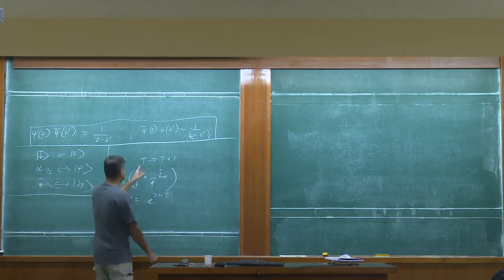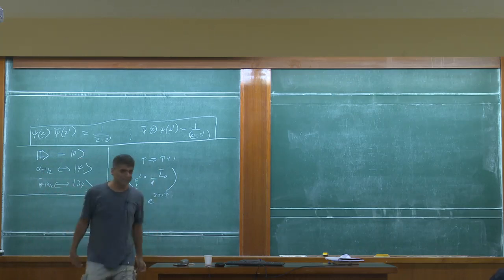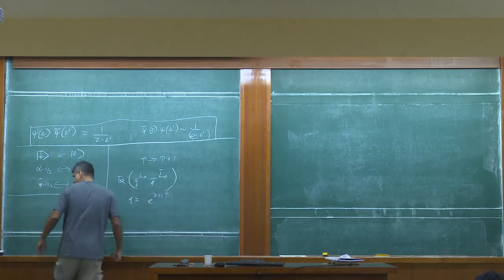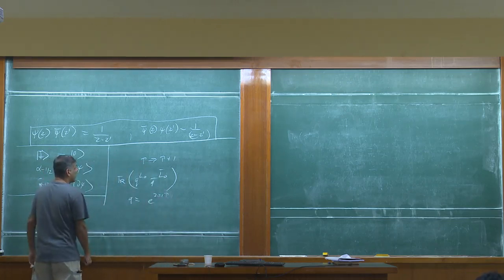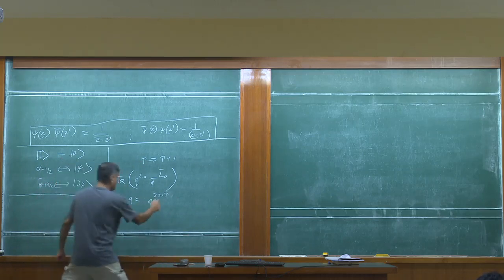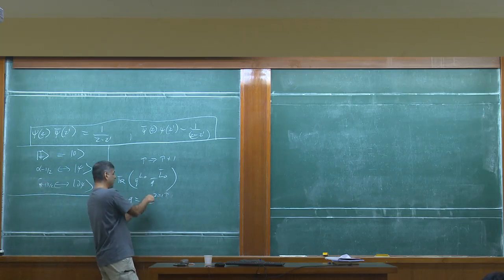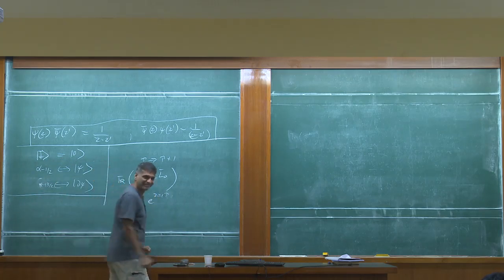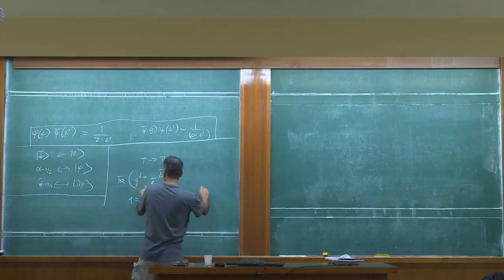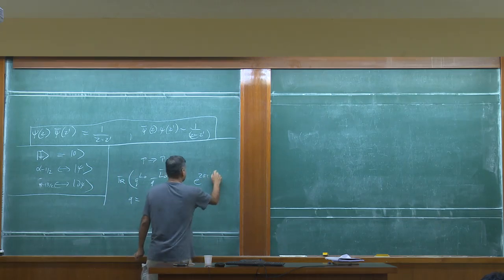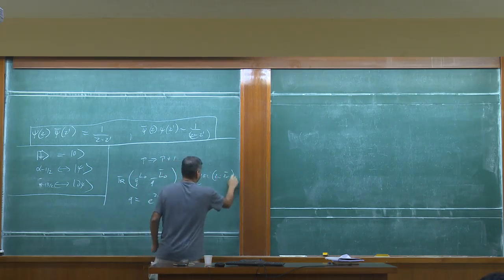Under tau goes to tau plus 1, tau bar also goes to tau bar plus 1, but q bar has a minus sign because of the i here. So under tau goes to tau plus 1, what are we shifting this by? We're shifting it by e to the power 2 pi i (L naught minus L naught bar).